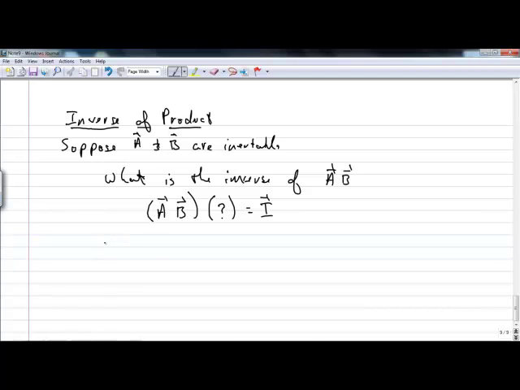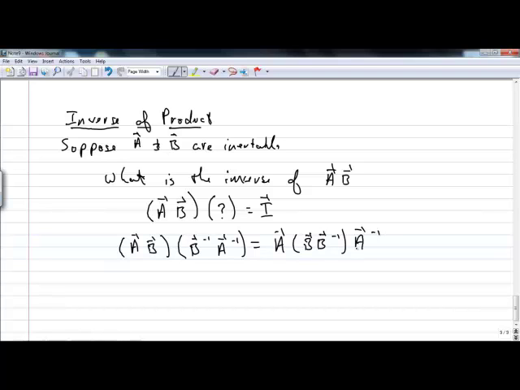Well, if you think about this for a minute, suppose we multiply AB by the product B inverse A inverse. Well, remember that I can change the parentheses around as long as I don't change the order of the matrices.